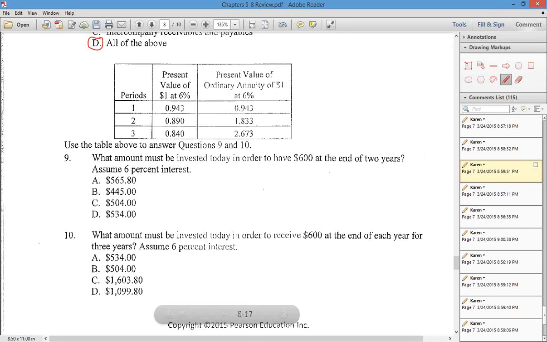Do you know how to do these? Maybe? Okay. What do you think the answer is to 9?